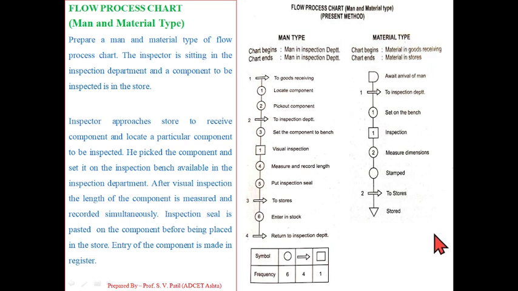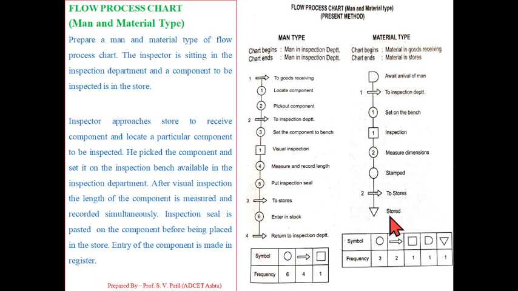There is no need to repeat how to prepare this chart. By reading this description and referring to the appropriate activities, you can identify which are the events, and for these events which curve links or symbols are supposed to be used. The procedure is well known to you. You may prepare the chart. At the last, it is required to prepare the summary. So that summary will appear like this.